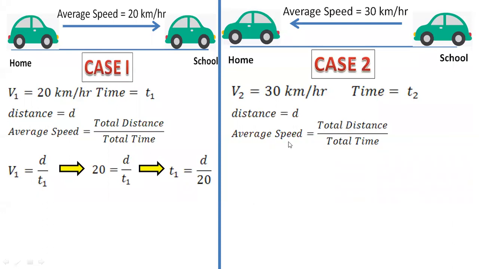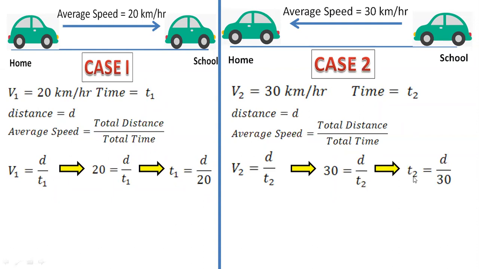Average speed will become V2 for this case, d by t2. Now let me put the values. It will become 30 is equal to d by t2. I am interested in t2. So what would be the value of t2? It would become t2 is equal to d by 30. So I have got 2 times, right? t2 is equal to d by 30. Okay.